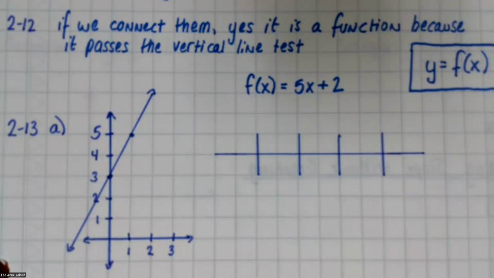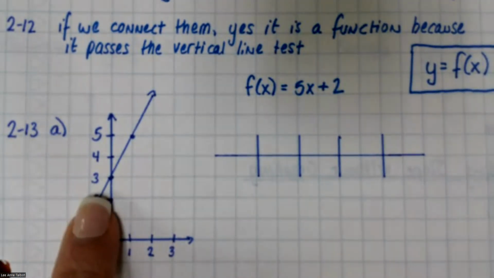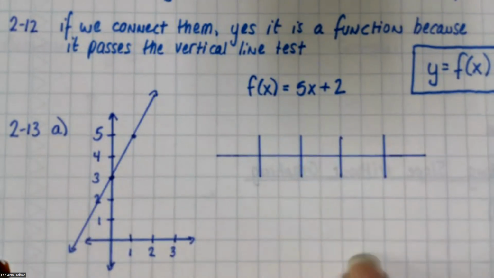You should be able to go back and forth from a situation to a table, from the graph to the table to the graph, and equation to the table to the graph. There's too many of them for me to list, but you should be able to go between all of them. So today, in this problem, we're going to go graph to table to equation.